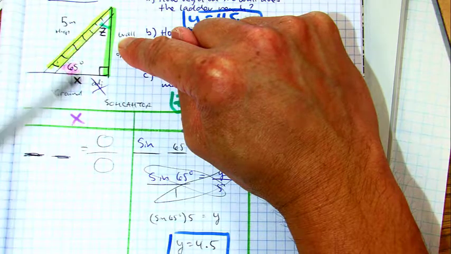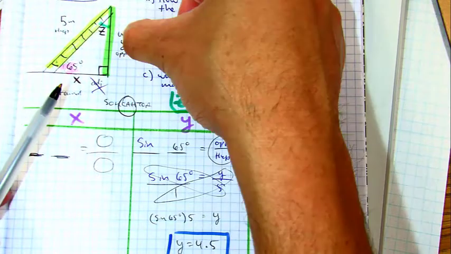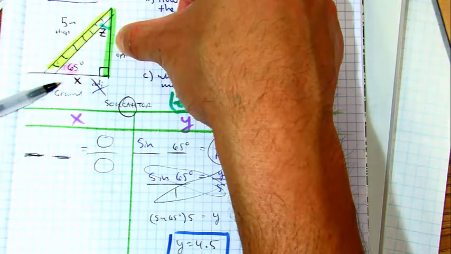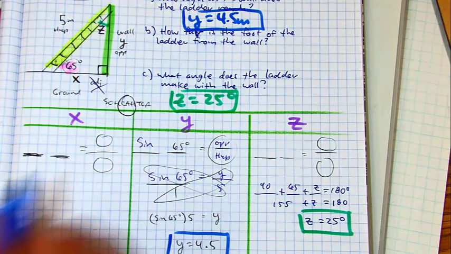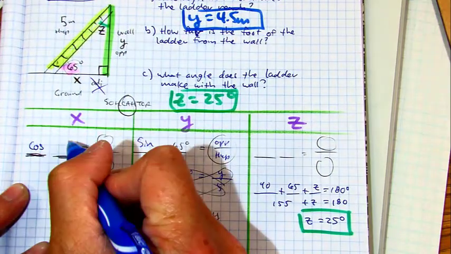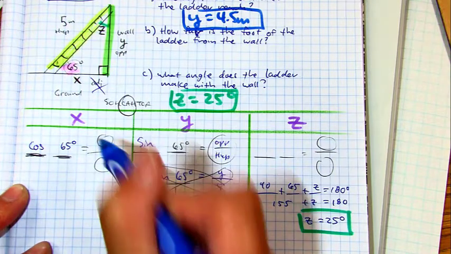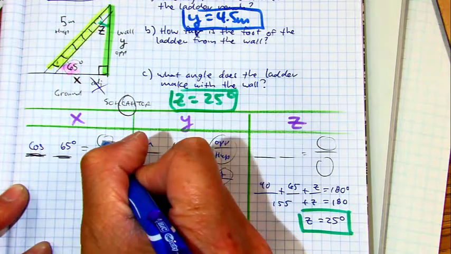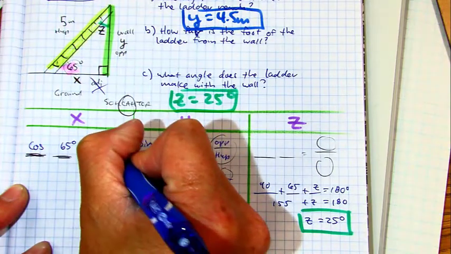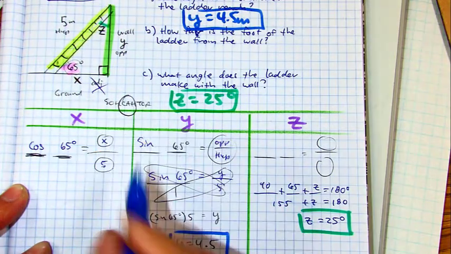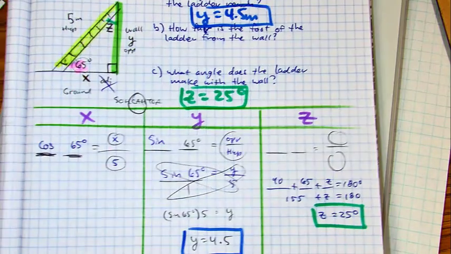Cosine. Right? We don't need this one. So I have cosine. Fill it out. Cosine. Good. Say again. X over 5. Correct. The adjacent over the hypotenuse. Adjacent over the hypotenuse. How do I solve for that?